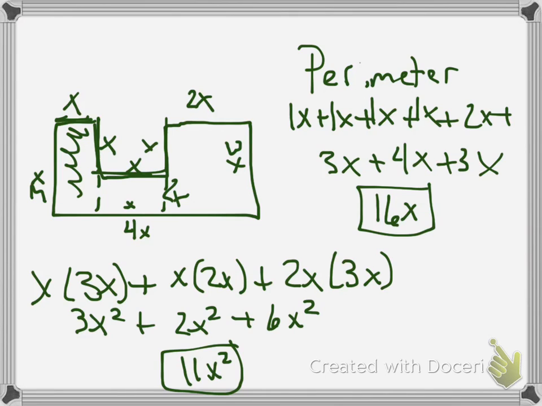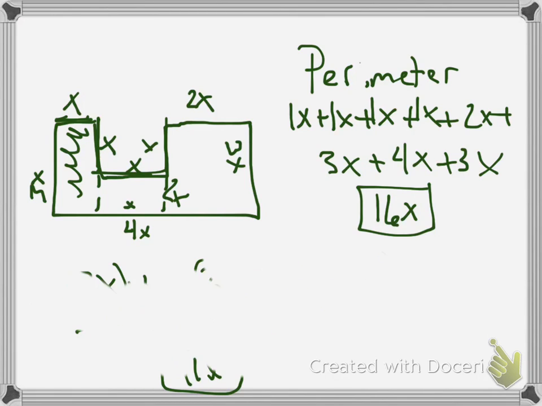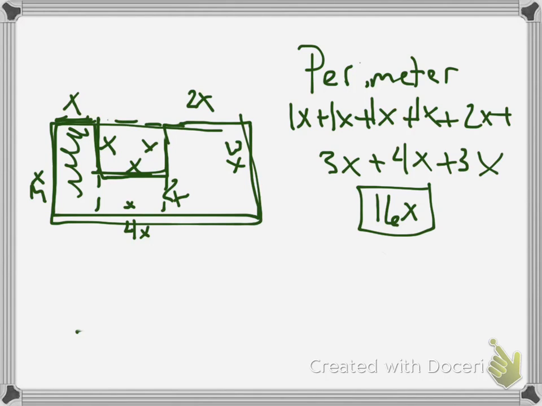Now, as I'm thinking this out and working this with y'all, here's another way. I could have said there's this big rectangle right here, and that would have been 4x times 3x, which is 12x squared.